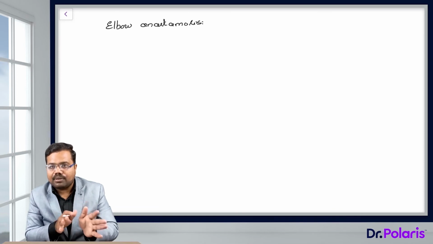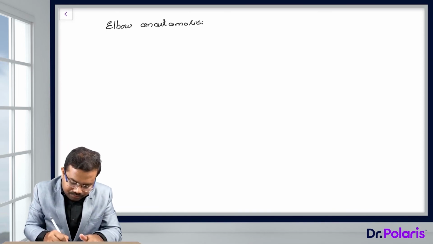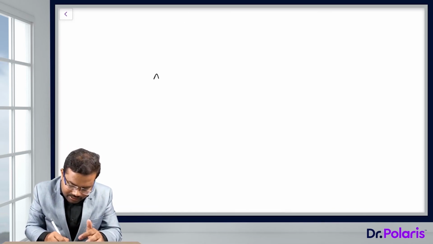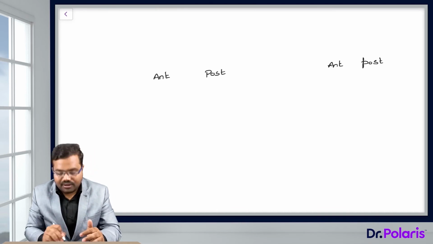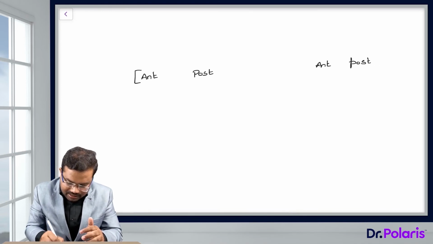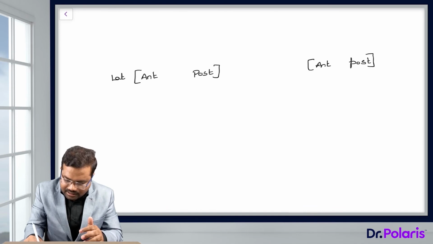Let's say this is the anterior part and this is the posterior part, and here also anterior part and posterior part. This entire part is lateral, this entire part is medial.